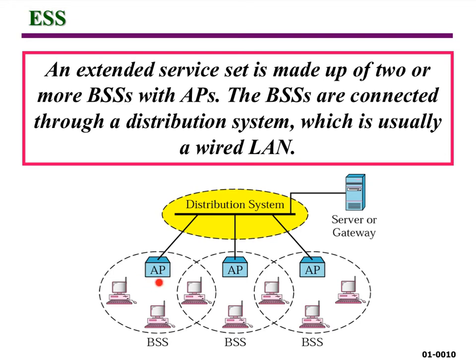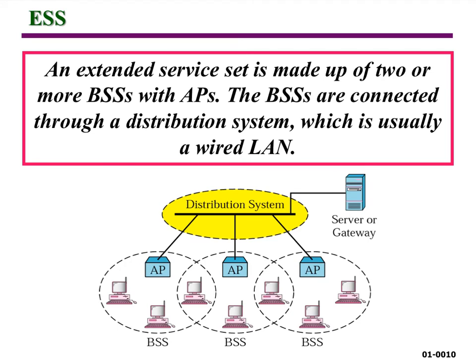Even access points have wired network support, so we have Ethernet and we have Wi-Fi. So these access points need to have two or in some cases three different types of wireless communication or wired communication standards.